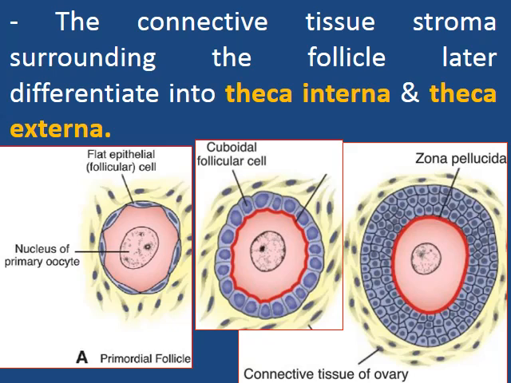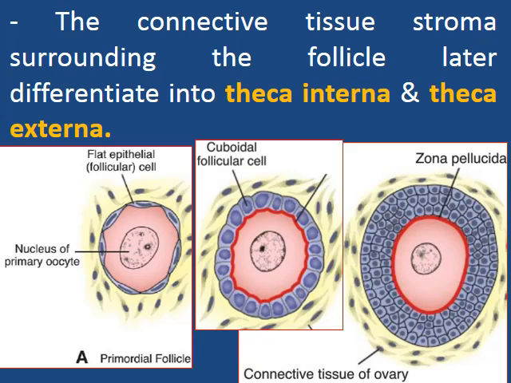So the rightmost picture is the primary follicle with primary oocyte, red colored zona pellucida, and the granulosa cells, which are nothing but the flat follicular cells that become cuboidal and multilayered or stratified.